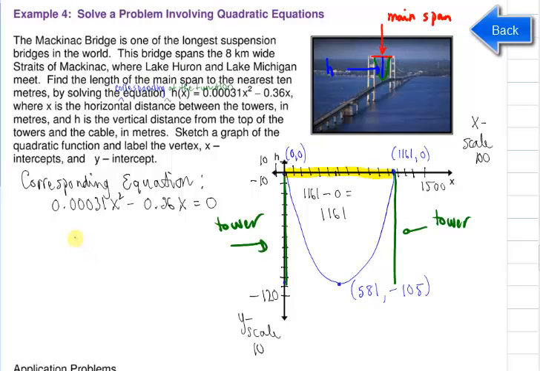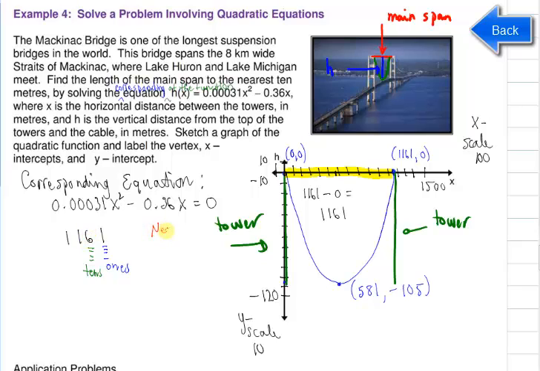Okay, so one other thing, because we're asked to find the distance to the nearest 10 meters, what we want to do is take the 1,161 and round it to the nearest 10. So the 1 here is in the 1's column, and the 6 is in the 10's column. So we want to use the 1 in the 1's column to round the 6. Now because the 1 is less than 5, we're going to leave the 6 as it is.